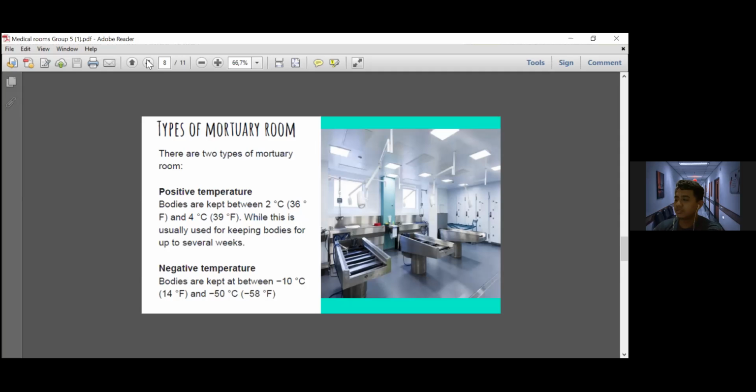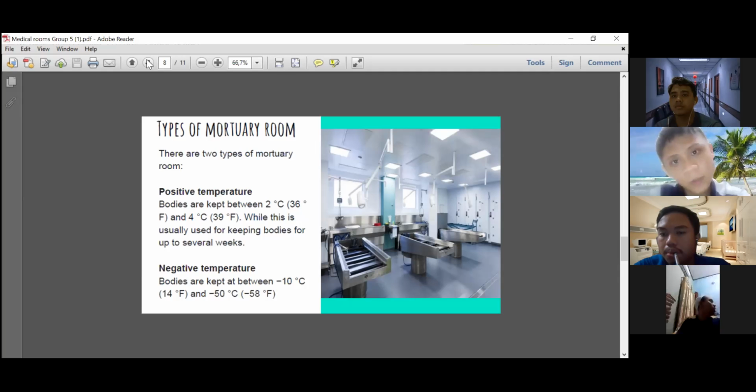Okay, we have two types of mortuary room. The first one is positive temperature. Bodies are kept between 2 Celsius degrees or 36 Fahrenheit degrees and 4 Celsius degrees or 39 Fahrenheit degrees, which is usually used for keeping bodies for up to several weeks.